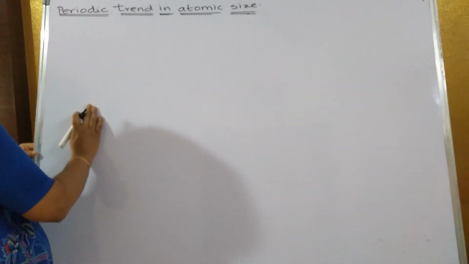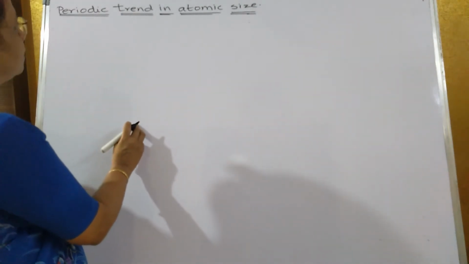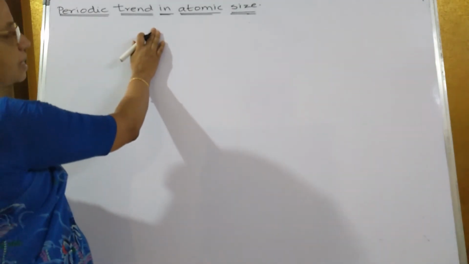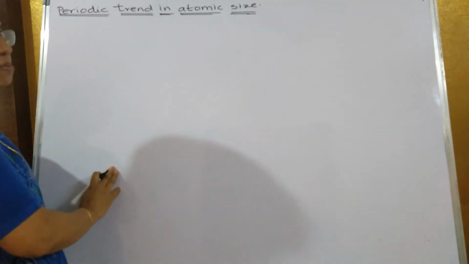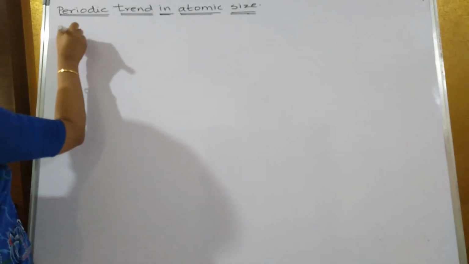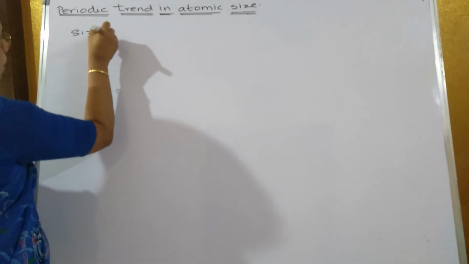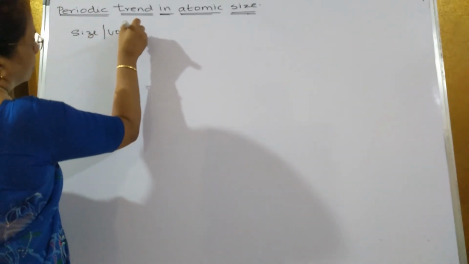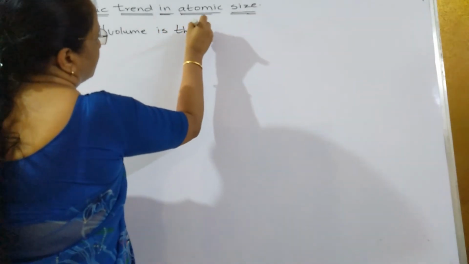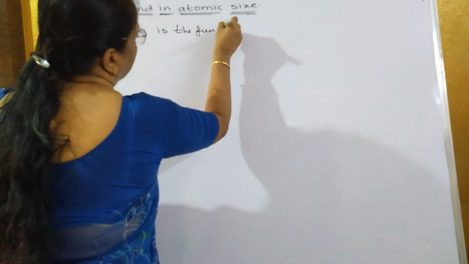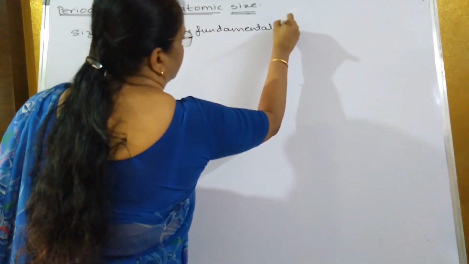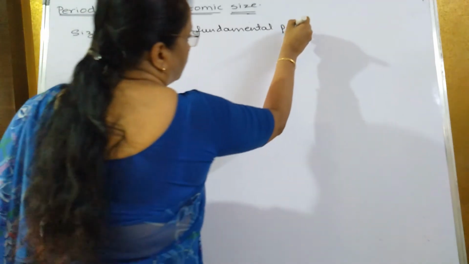Now we had discussed before that this year in 10th standard you will be studying the periodic trend of 3 properties. The first is valency, which we have already discussed. The second one is atomic size. Size or volume is a fundamental property of matter, an important property of matter.